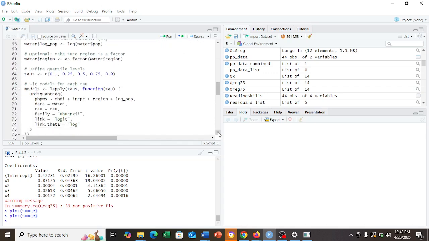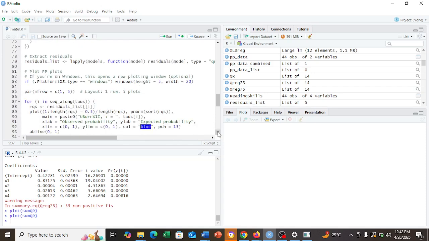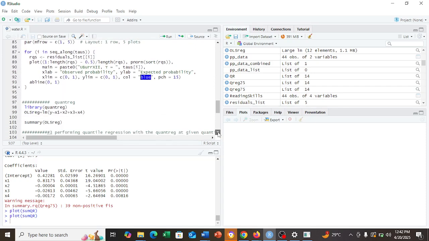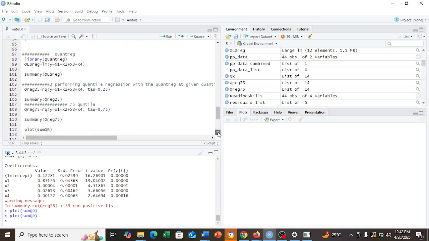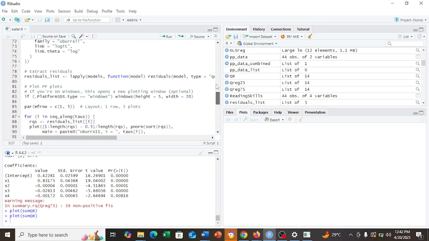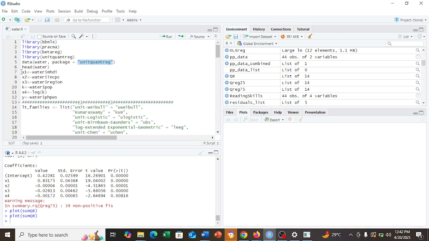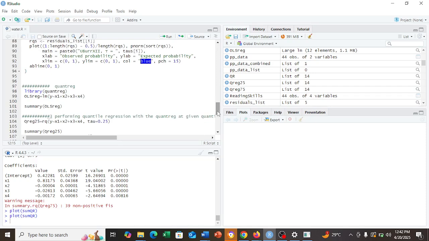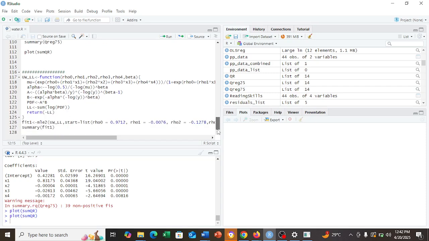Okay, so the third way of doing quantile regression is with this. Like you saw at the beginning, I told you that the way I am coding the data this way is for my third way of running quantile regression. So I will take you down here.